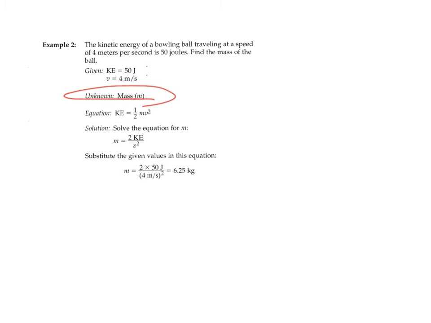So now we have to manipulate that a little bit algebraically to find mass. So when we do, it is now mass is going to equal 2 KE divided by velocity squared. Okay? So from here, we will substitute all our variables in and solve.